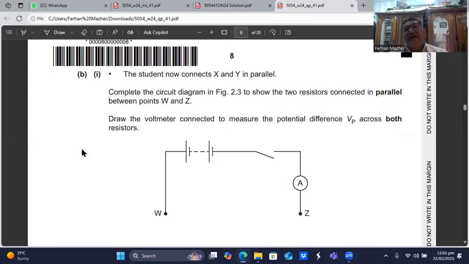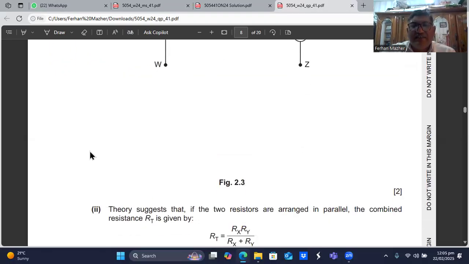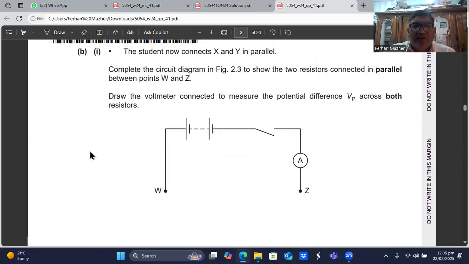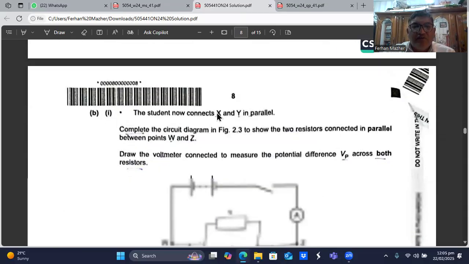Complete the circuit diagram in figure 2.3 to show the two resistors connected in parallel between the points W and Z. Draw the voltmeter connected to measure the potential difference Vp across both the resistors. So this is basically a 2 marks question, and let's see, I have done this. So here we go.